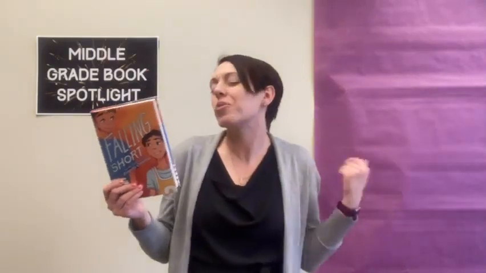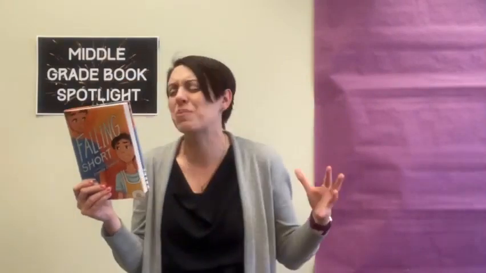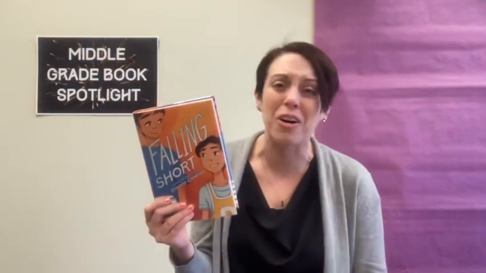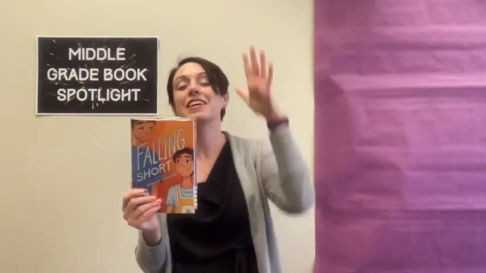But they know they can do anything with each other's support, and they are going to need that if they are going to succeed. This realistic sports story is as much about friendship in middle school as it is about basketball, and it's one that is completely relatable and will have you cheering for both Marco and Isaac as they do their best to succeed, falling short.